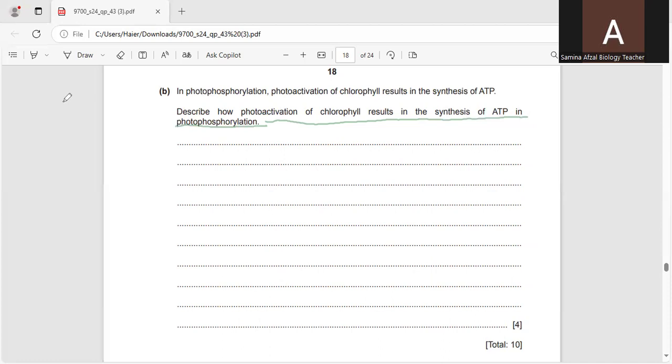So the energy released from the electron transport chain will be used to pump protons from the stroma outside into the thylakoid membrane. So this creates a proton gradient across the thylakoid membrane with a higher concentration of protons inside the lumen.